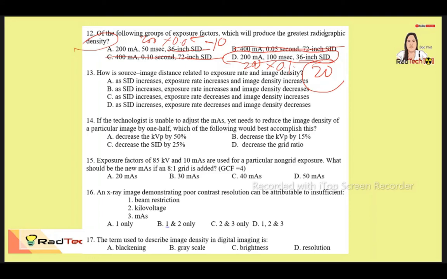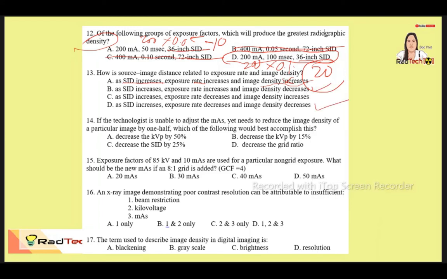13. How is SID related to exposure rate and image density? So, as SID increases, exposure rate increases, and image density increases. So, is this correct? So, kapag malayo yung ating tube, yung density natin nag-increase din, di ba? Hindi, decrease na. So, this is wrong. So, lahat ng nag-decrease ang image density, yun yung ating choice.